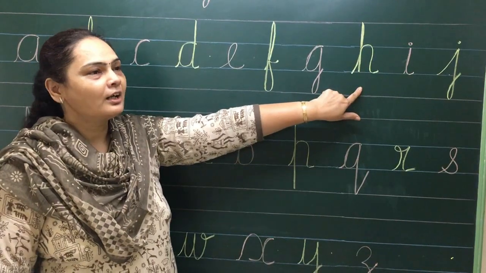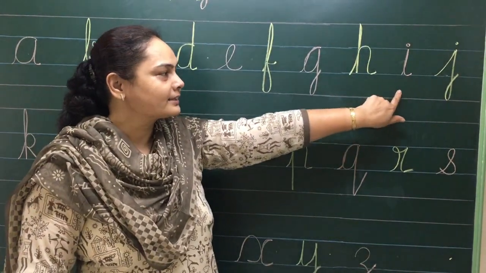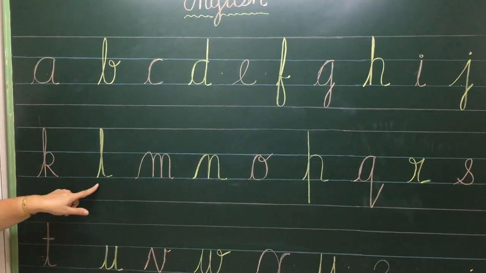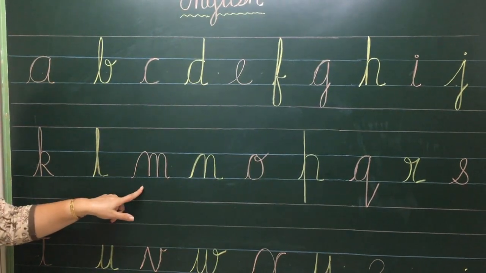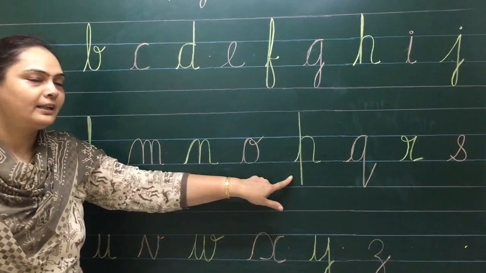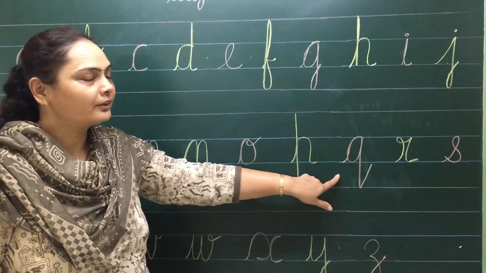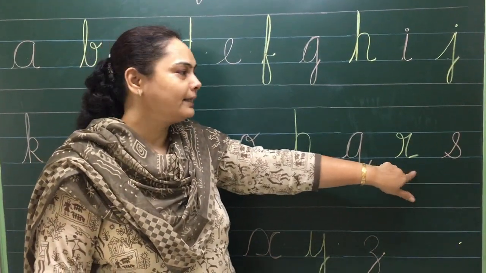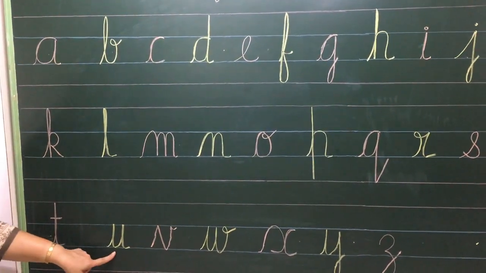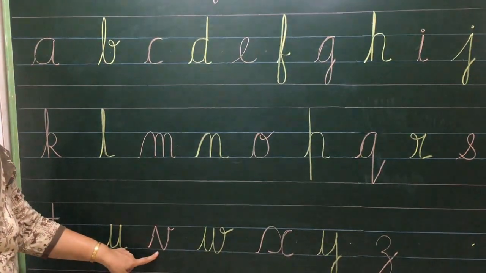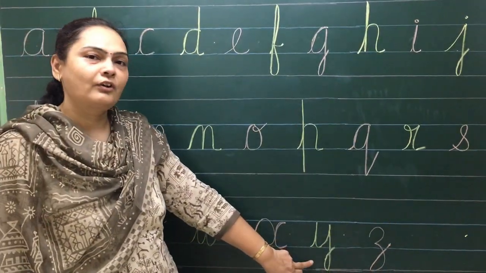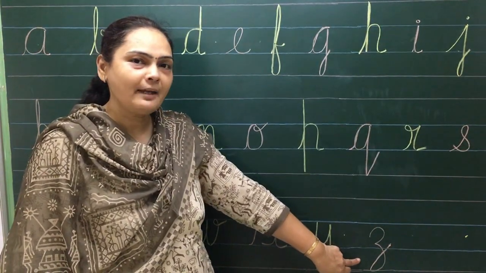grapes, H for house, I for ice cream, J for joker, K for kite, L for lion, M for monkey, N for nose, O for orange, P for parrot, Q for quail, R for rabbit, S for sun, T for telephone, U for umbrella, V for van, W for watch, X for Xmas tree, Y for yak, and Z for zebra.